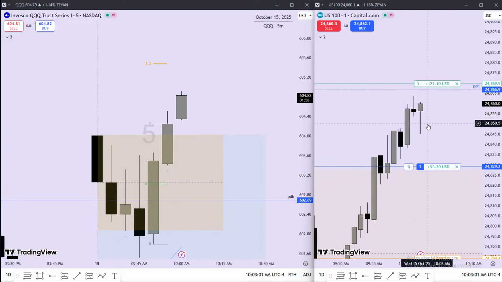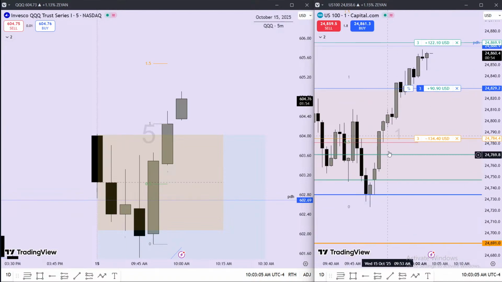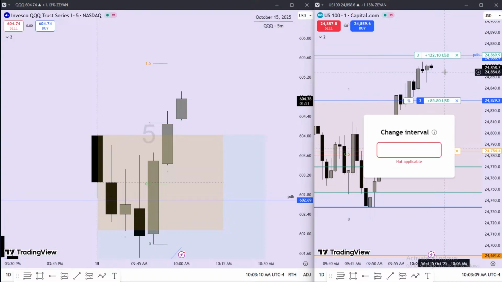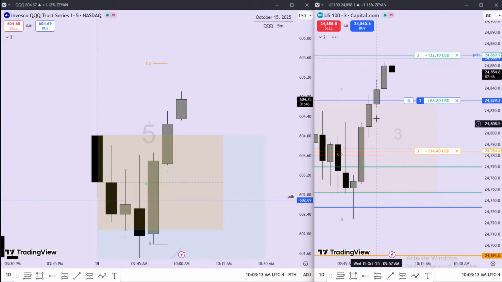Bulls still do not have a reason to get out, starting this micro channel on the 1 minute. If we go to the 3 minutes, we have a 5-bar micro channel.